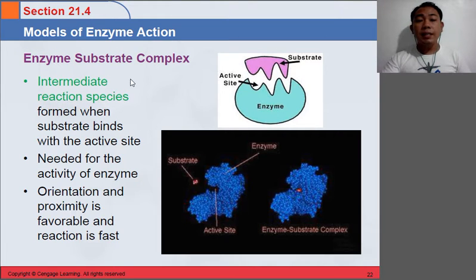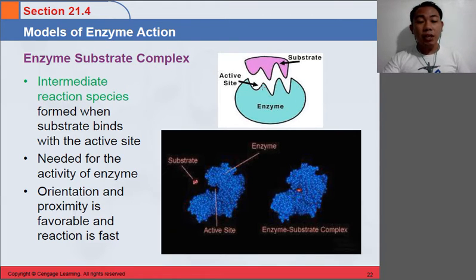Next is the enzyme substrate complex, and we have the term intermediate reaction species. The intermediate reaction species is formed when the substrate binds with the active site. So this is the active site and this is the substrate. Once the substrate binds to the active site, it will form the intermediate reaction species, and it is needed for the activity of the enzyme.